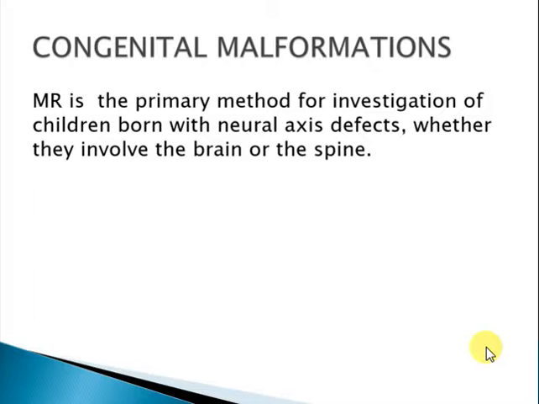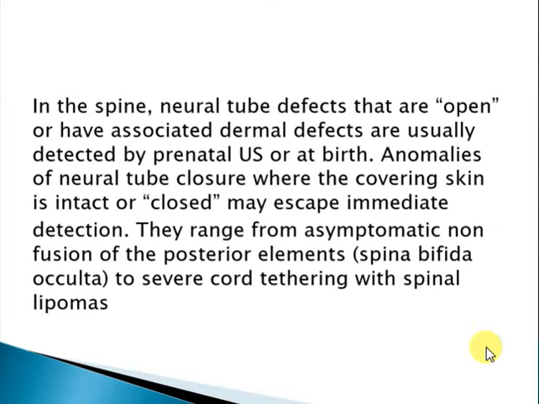Regarding the spine, the neural tube defects that are open, or if they have an associated dermal defect, are usually detected by prenatal ultrasound or even at birth, while anomalies of the neural tube closure, where the skin covering it is intact or closed, may escape immediate detection, and they range from asymptomatic non-fusion of the posterior elements, what we call spina bifida occulta, to severe cord tethering with spinal lipomas.